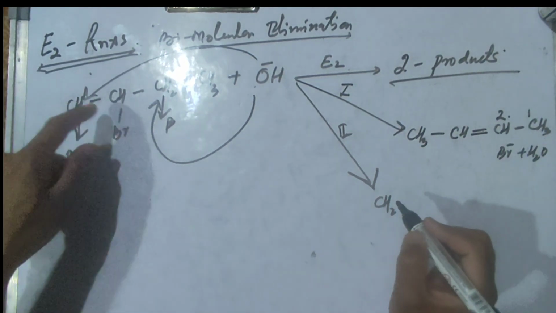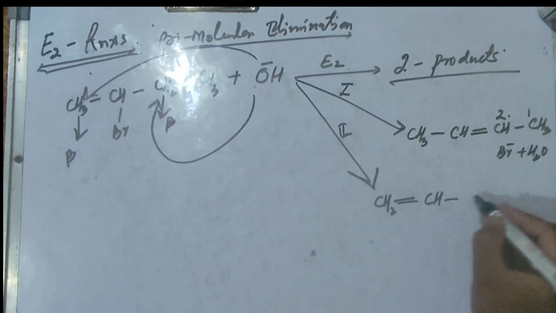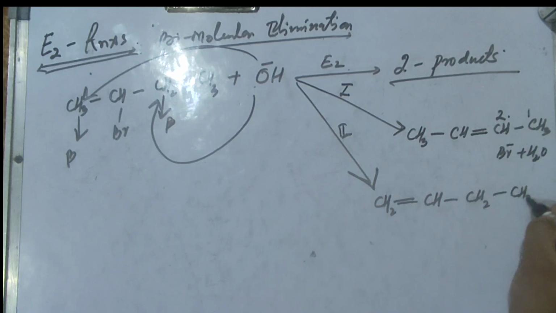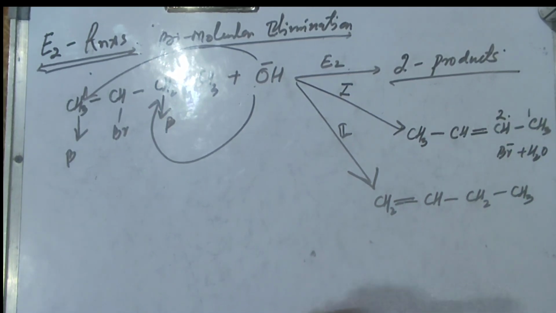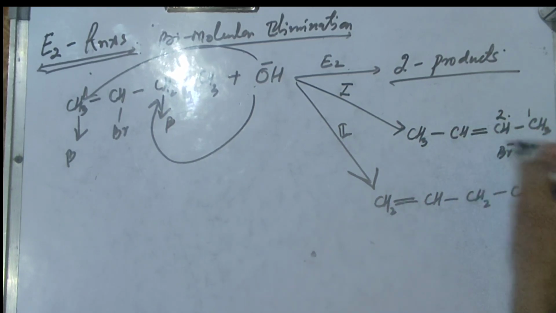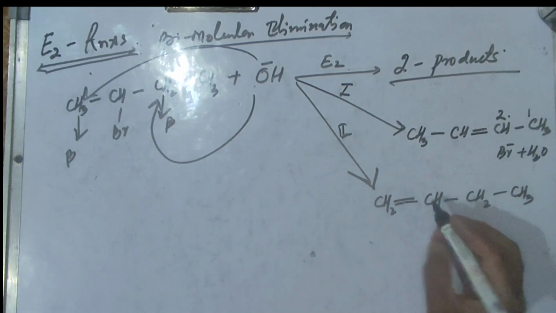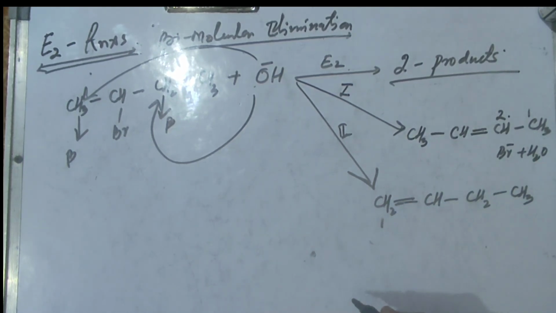This is CH2 double bond CH, single bond CH2 CH3. So what is the difference between the two? In this case, the double bond is present between these two carbon atoms, at the center, while in this case it's present at carbon number 1, at a terminal position.